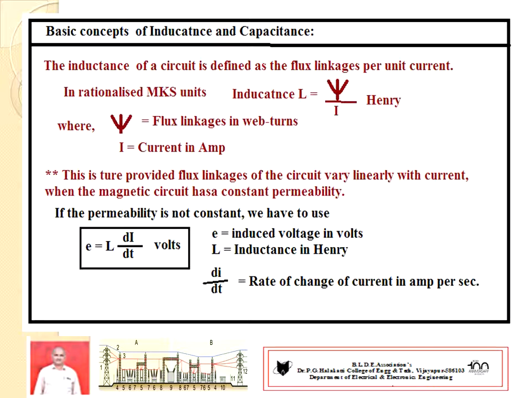If the permeability is not constant, then we have to use another relation, e equal to L into di by dt volts, where small e represents the induced EMF in volts, L is the inductance of the system in henry, and di by dt is the rate of change of current in amperes per second of the given circuit.